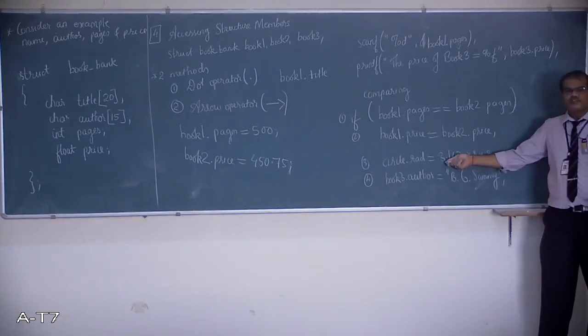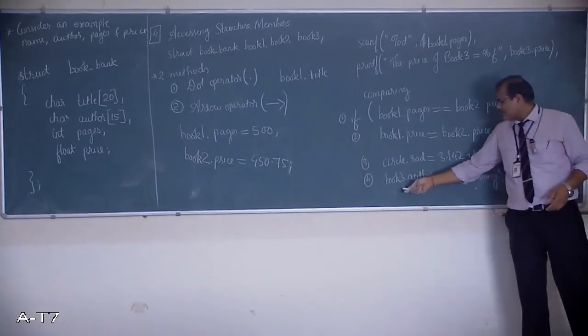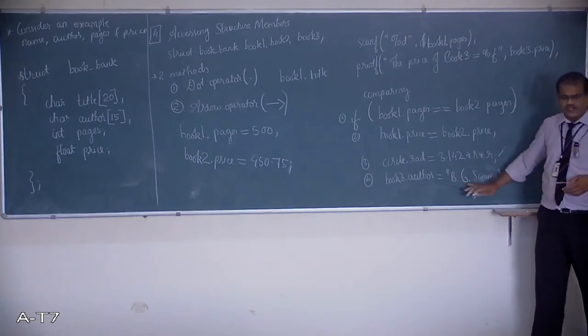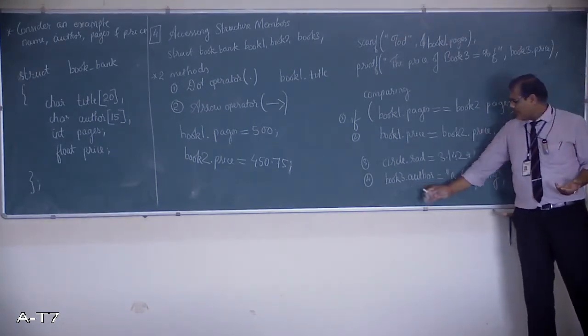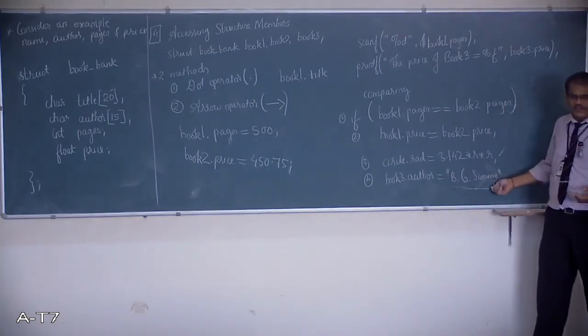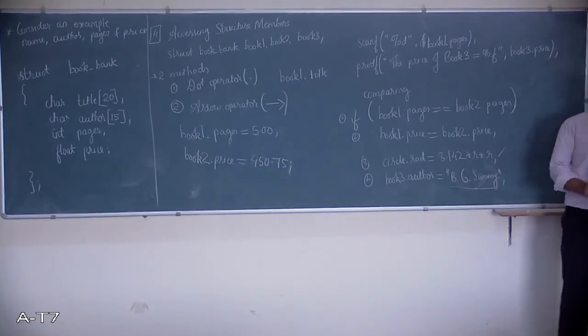So I will have 3.142 into r. This is one of the simplest mathematical functions. The fourth example is book3.author. I can assign a text or a string to this book3 author. I have to use double quotes for a string, as we know.